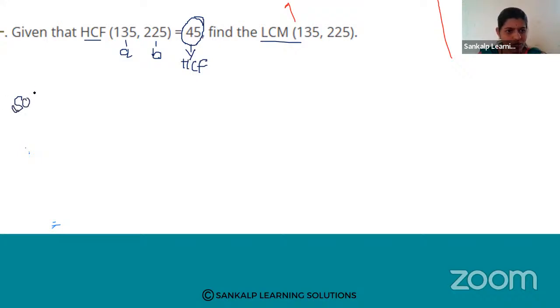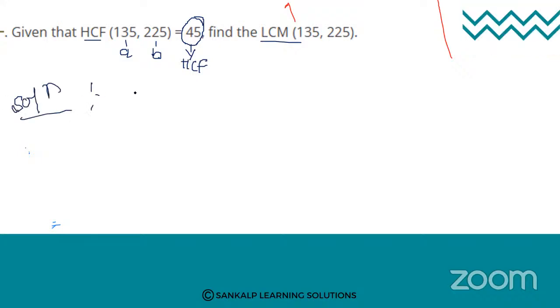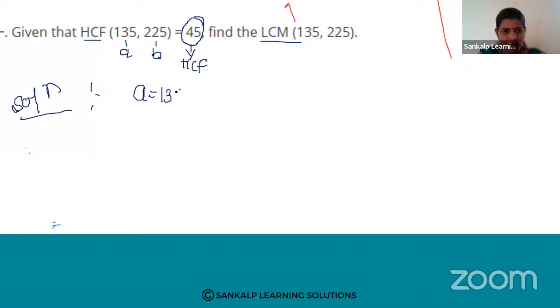For that solution, A is equal to 135 and B is 225. Next, HCF they have given, that is 45. We have to find the LCM.